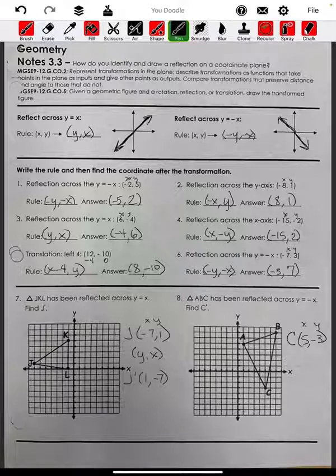Remember, our rule here is not only we're going to change the order, we're also going to change the signs. So it becomes -y, -x. All right? So C prime is going to be, instead of -3 for our y, it's going to become +3. Instead of +5, it's going to become -5. All right? So that will conclude page 1.